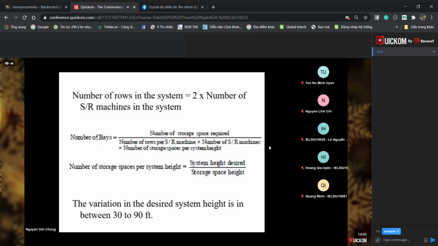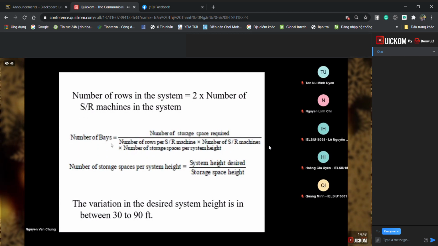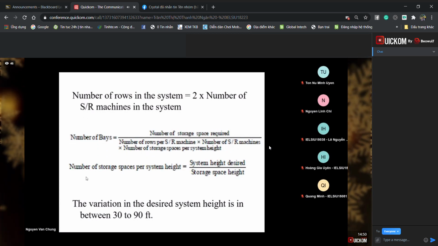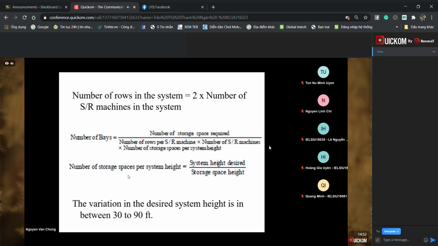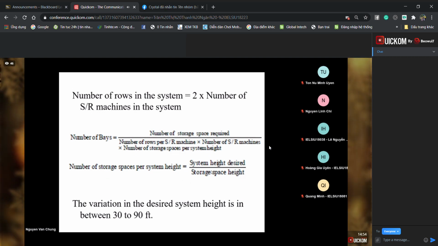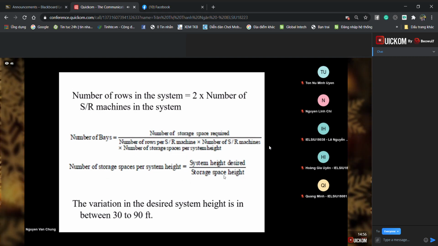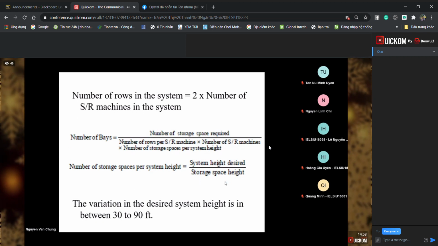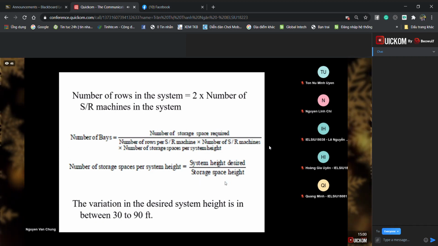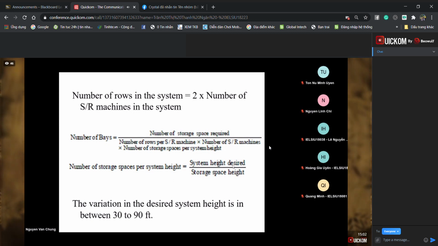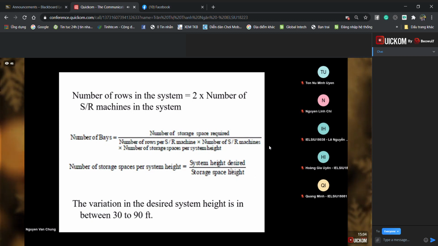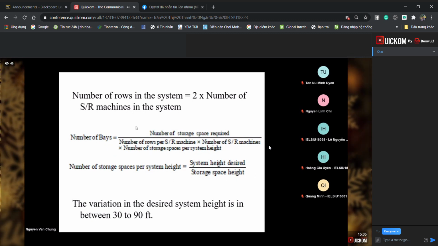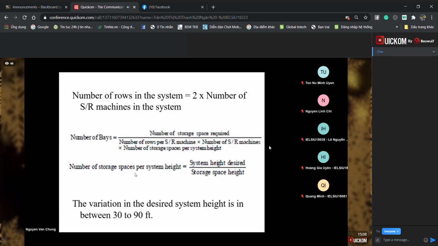Okay, so like I said, you have the number of bays, the number of storage spaces per system height. Now maybe you focus on how the row, the bay, and the storage space relate.